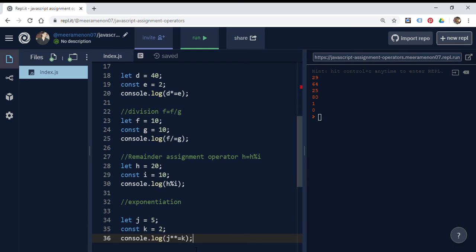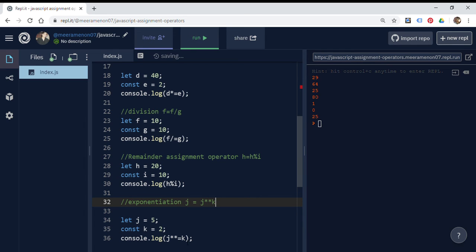What should be the value? Obviously 25, right? So 5 to the power 2 is 25. j equals j to the power k.